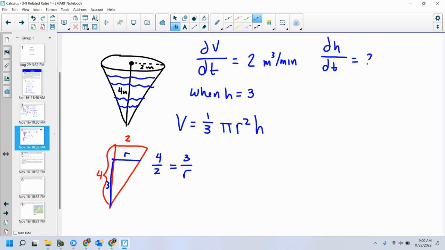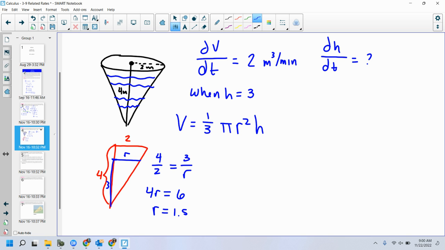For some reason I left h in. Hopefully that's not going to come back to bite me. This is another one of those things where I'm wondering if I should do it the way I have on my page. No, let's run it this way. So cross multiply, divide. 4r is equal to 6. So r is equal to 3/2.